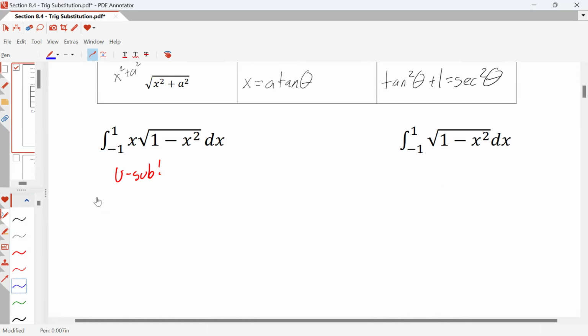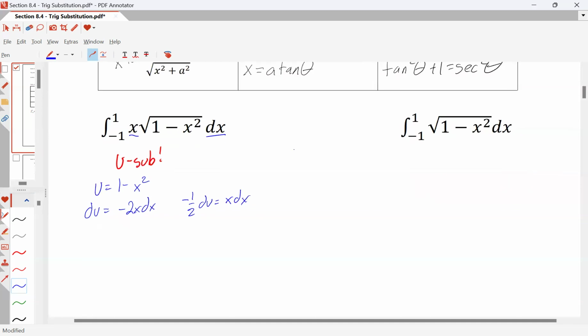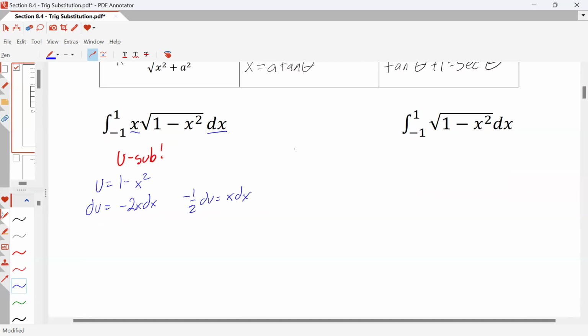So using the u sub here, u is going to equal 1 minus x squared. du is going to equal -2x dx, or -1/2 du equals x dx. So this will turn into a -1/2 du, and under the square root turns into u, giving us the integral of -1/2 square root u du. And then remembering to change our bounds.